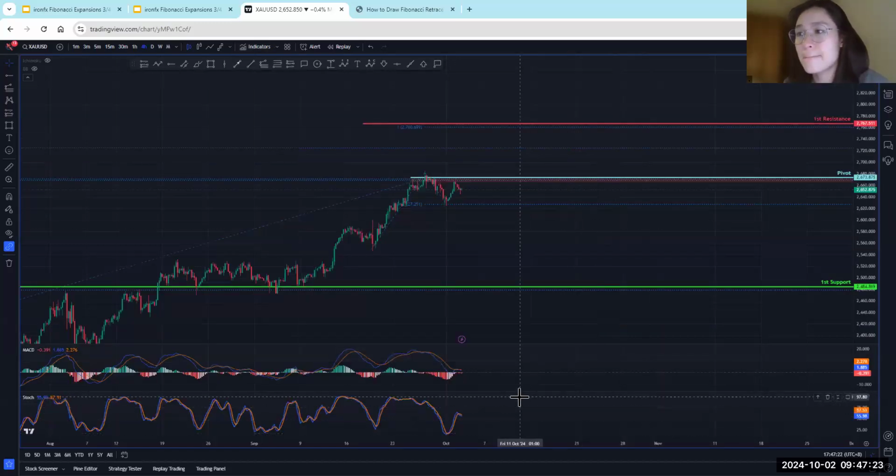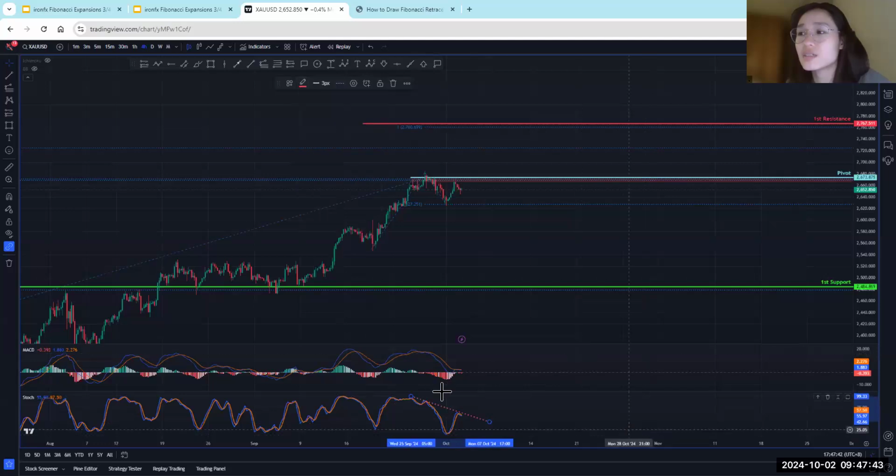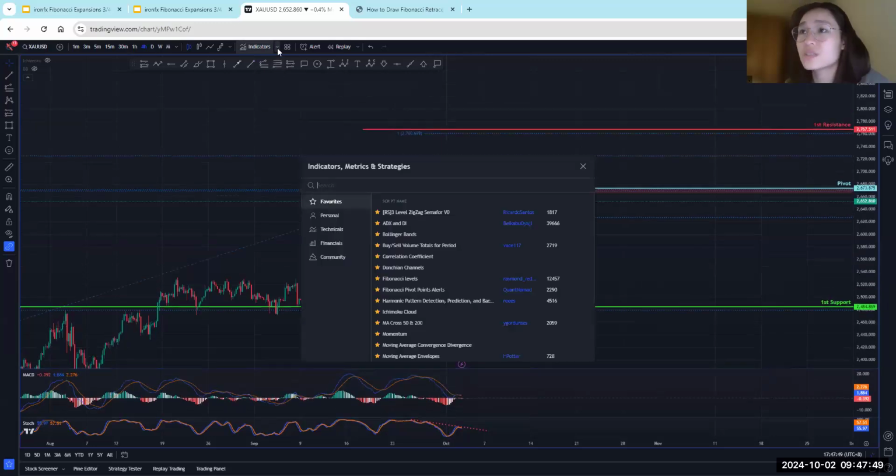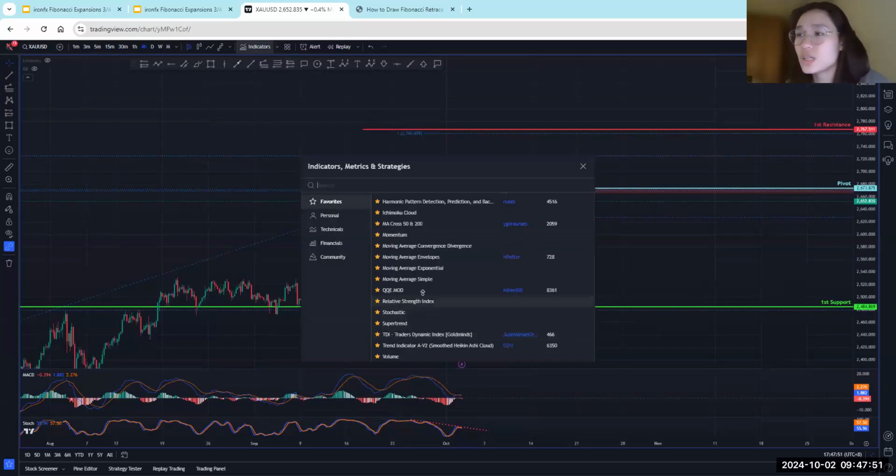Okay, stochastic isn't really telling us much here. Okay, it is kind of moving in a descending trend line here. So I will keep it here. And let's look at our moving averages as well.